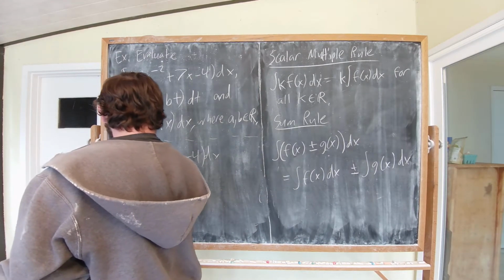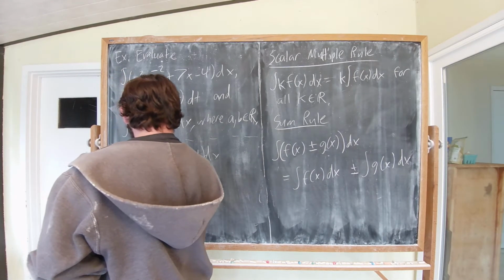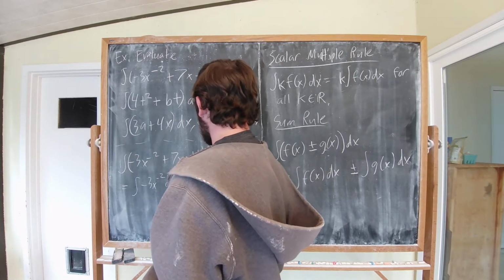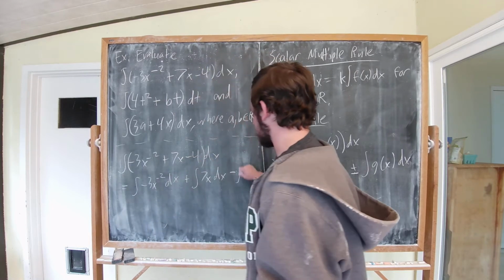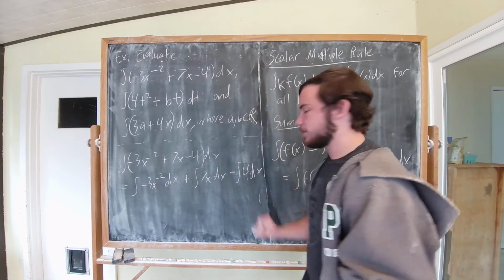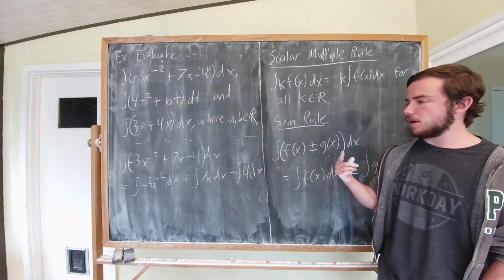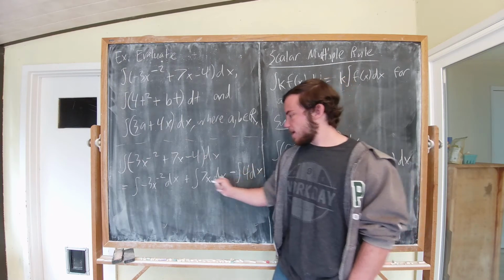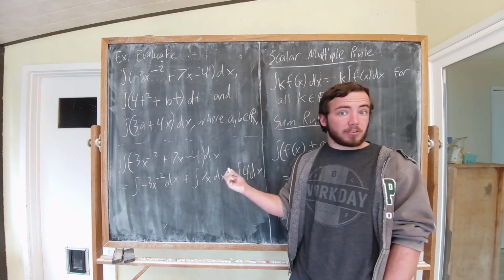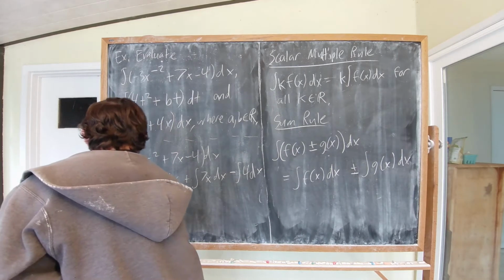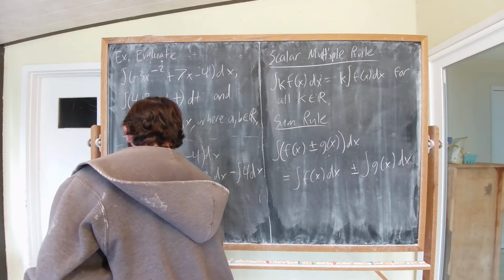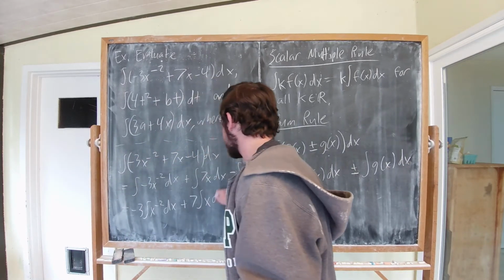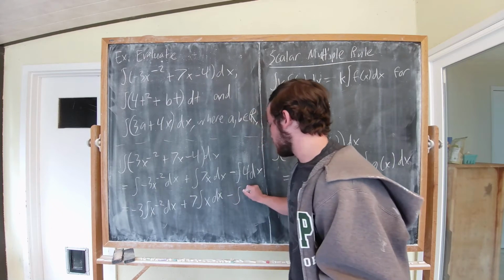That will be the integral of negative 3x to the negative second dx plus the integral of 7x dx minus the integral of 4 dx. Okay, well, that one we already know how to do. That one's a constant. I see some scalar multiples on those. Let's just pull those out. Negative 3 times the integral of x to the negative second dx plus 7 times the integral of x dx minus the integral of 4 dx.